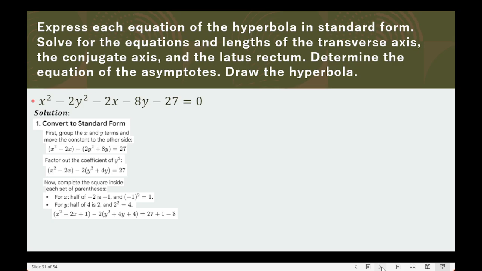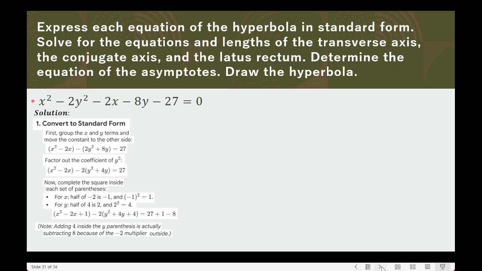Now, you will notice adding 4 inside the parentheses is actually subtracting 8 because of the minus 2 multiplier. Here we add 4, but on the other side, we add 8, due to the multiplier of negative 2.